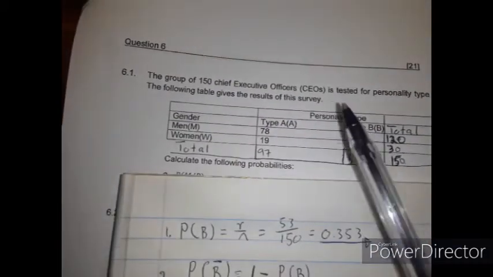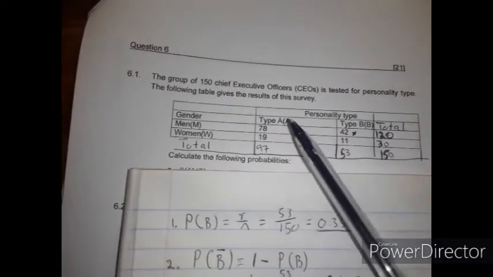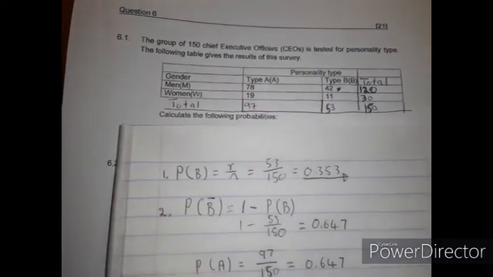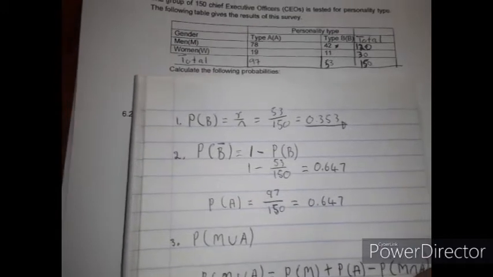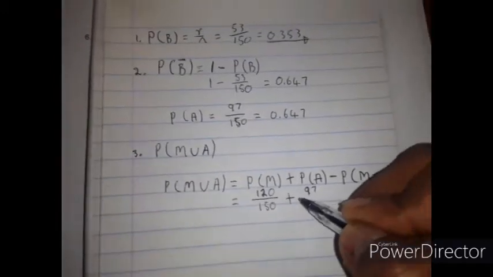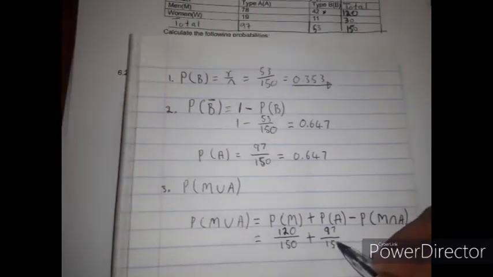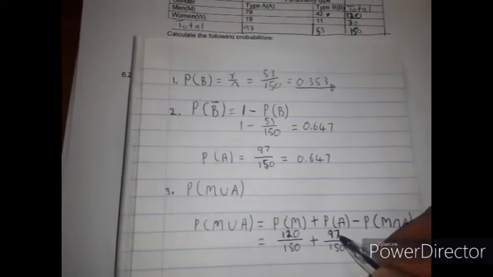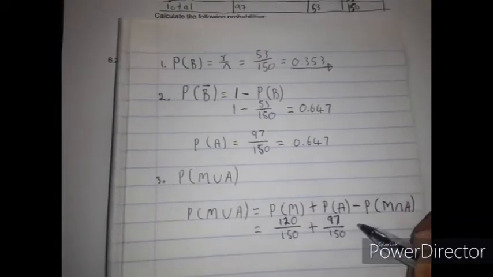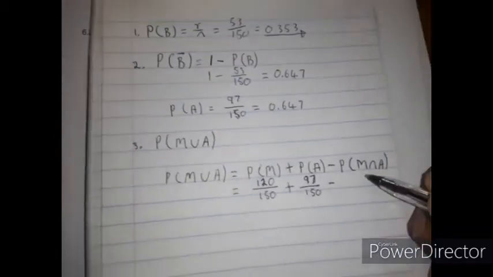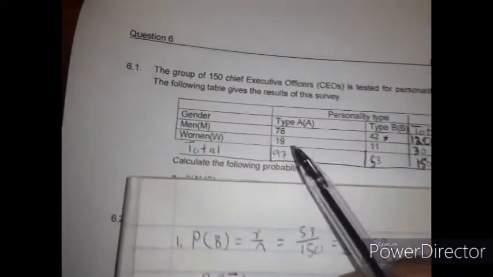Then plus the probability of type A. There's type A, so it's 97 over 150. Then subtract the intersection.